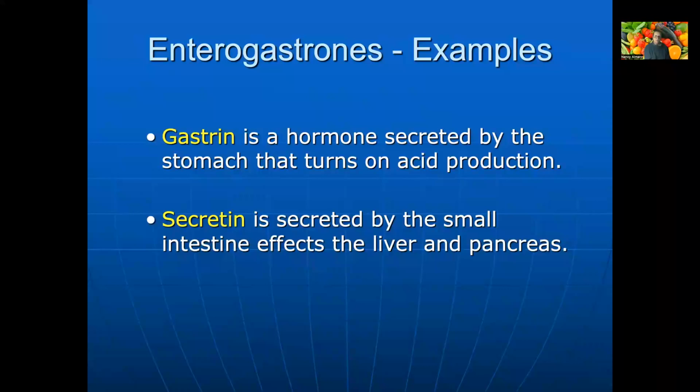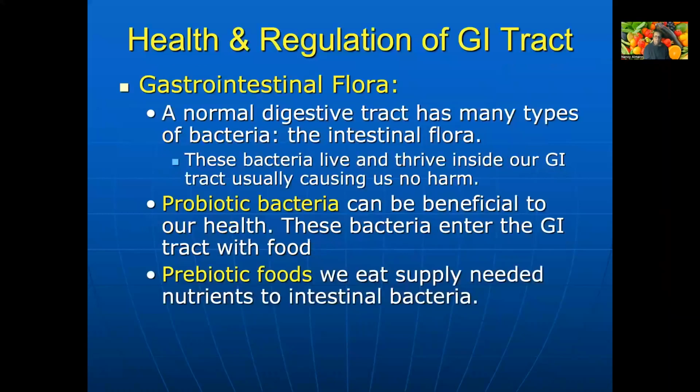Gastrin is going to be important because it's going to increase production of hydrochloric acid, and secretin is the hormone that is going to be secreted by the small intestine and will affect the functioning of the liver and the pancreas and enhance their production of both bile and pancreatic enzymes and bicarbonate ions.